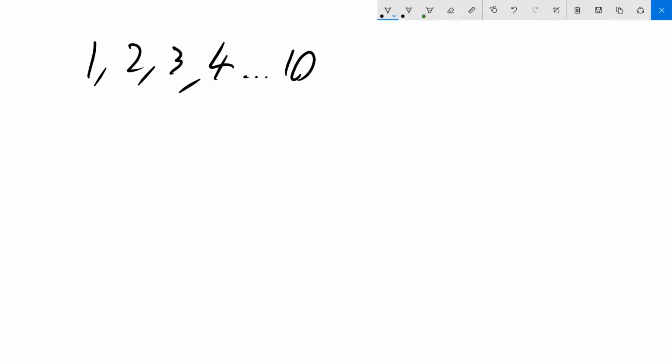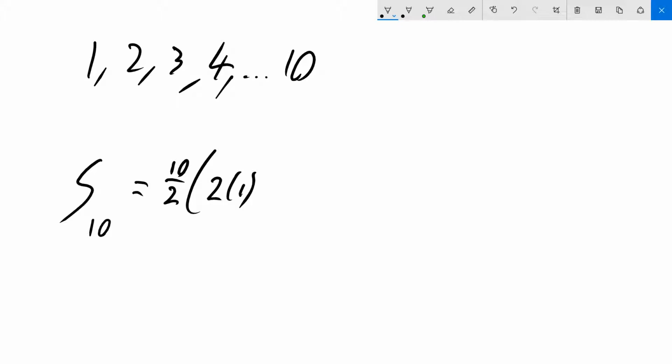Well, S_10 is going to equal 10 divided by 2, which is 5, lots of 2 times the starting number, 1, plus 10 minus 1 lots of the common difference, 1.